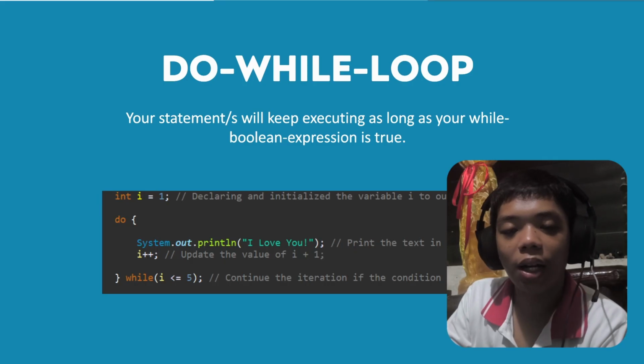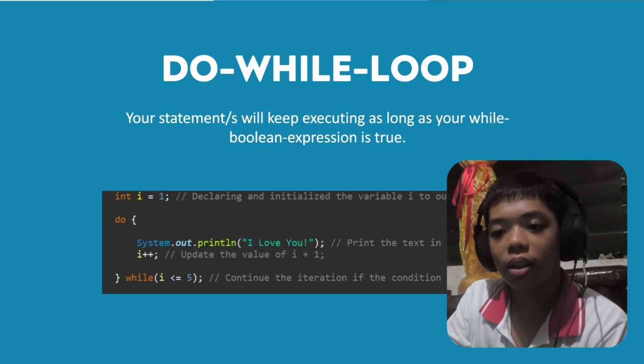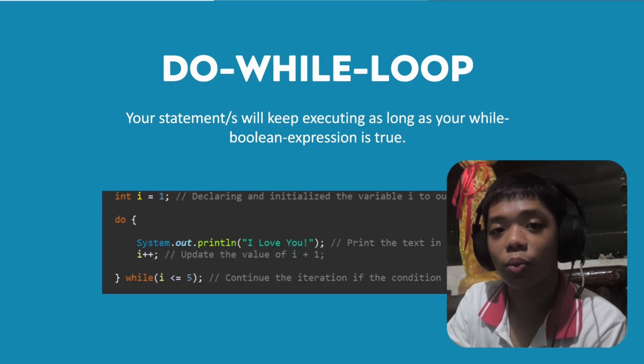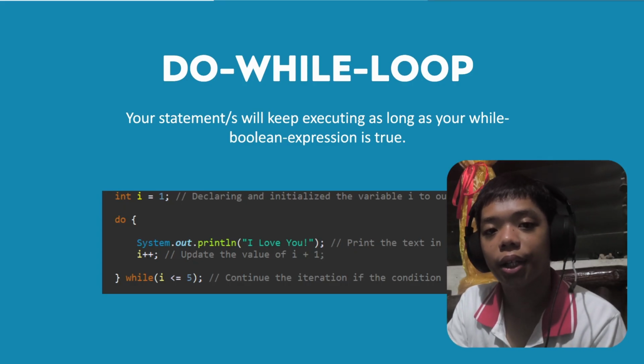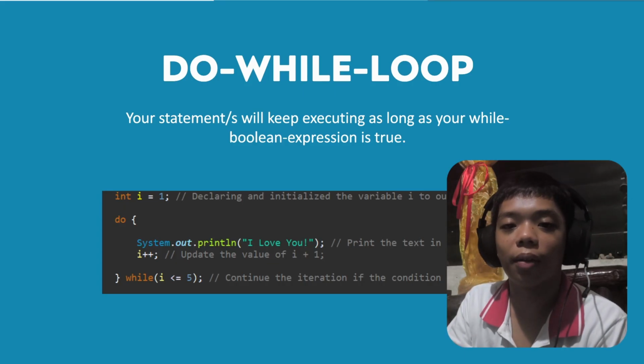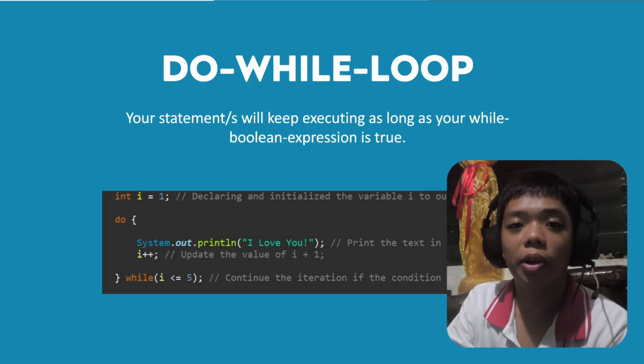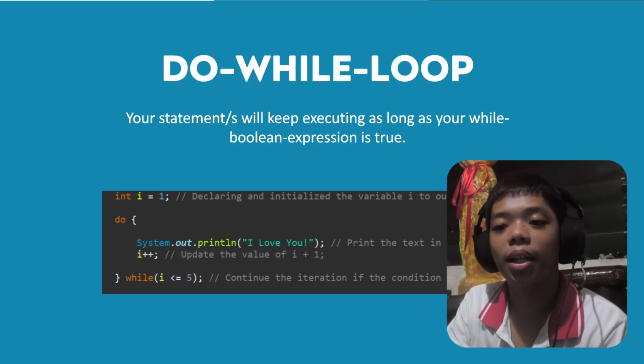Then it'll go back to the Boolean expression, and now it is 3 because 2 plus 1 is 3. We incremented it because of the I++. So now we're going to check, is 3 less than or equal to 5? That is still true. So therefore, it is going to go back in the do while body.